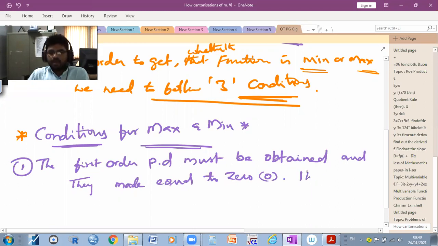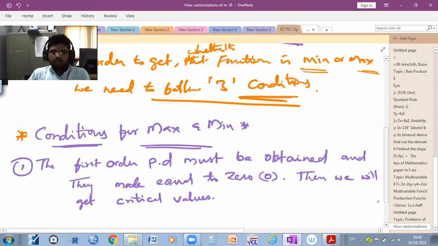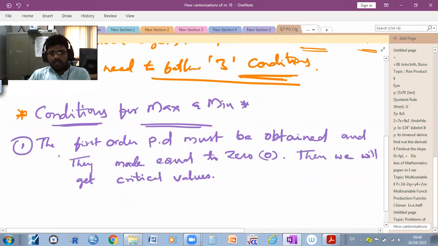Then we will get critical values. So the first condition is that the first order partial derivative must be obtained.